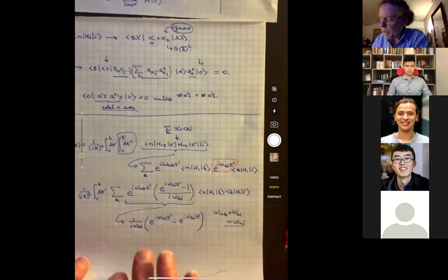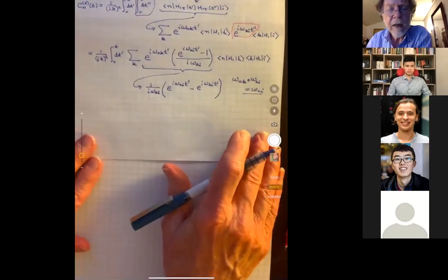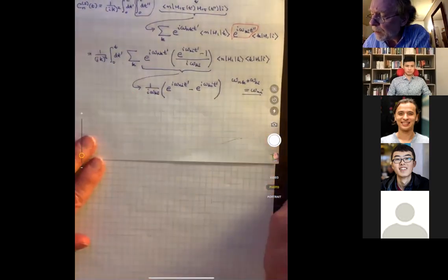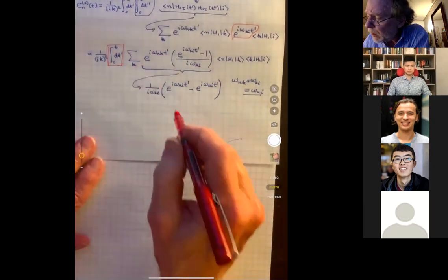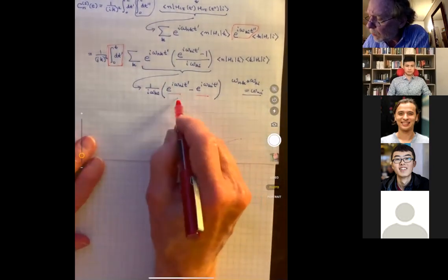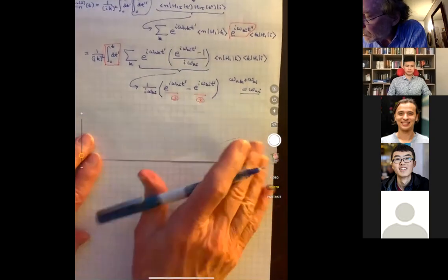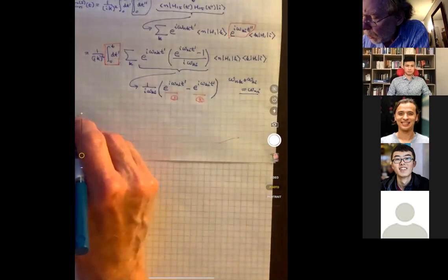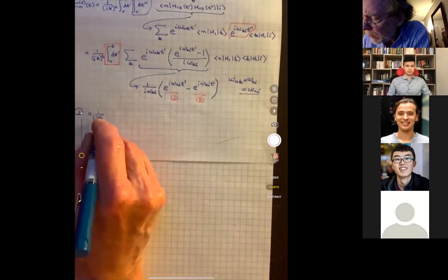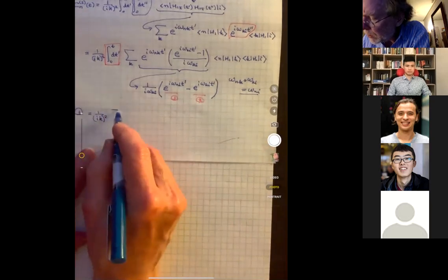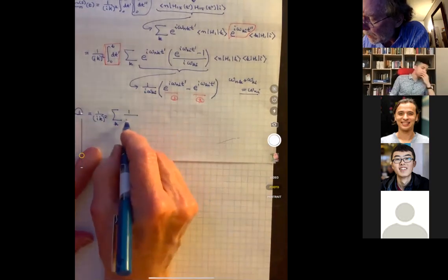Now we get these two phase factors here, and we can do the t prime integration. You see there are two terms here. Let's call them term 1 and term 2. Term 1 is equal to 1 over i h bar squared, which is still there from the leading factor, the sum on K, and we have the 1 over i omega Ki.